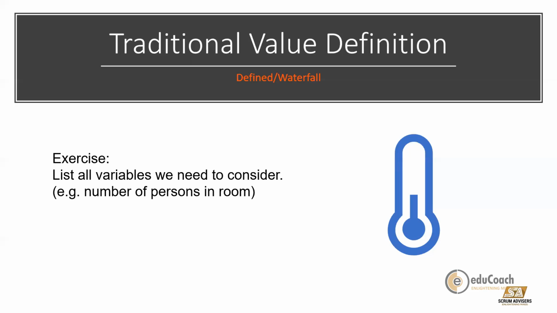So same is the case here. Let's try to assume all the variables. So, number of persons in the room. Please take 2 minutes and list down in your chat window what are the different variables that you think would affect temperature and that we can control to ensure that we have proper control of the temperature in the room. So your 2 minutes starts now.